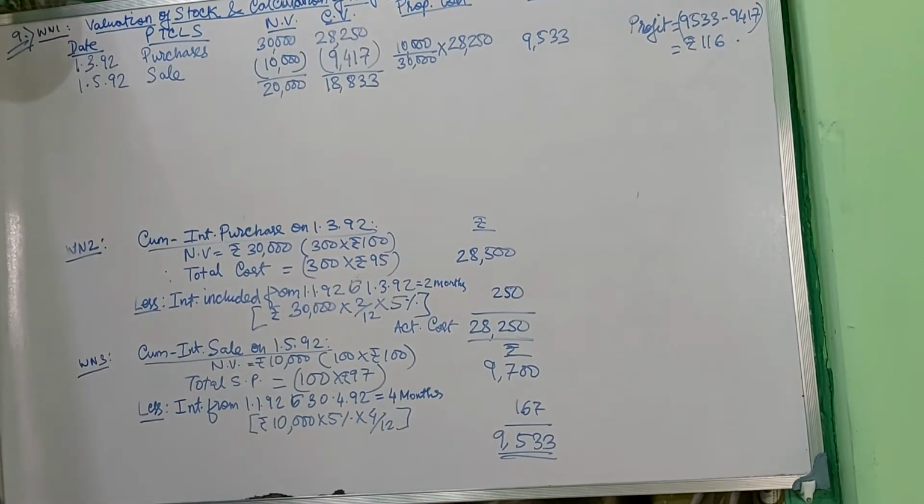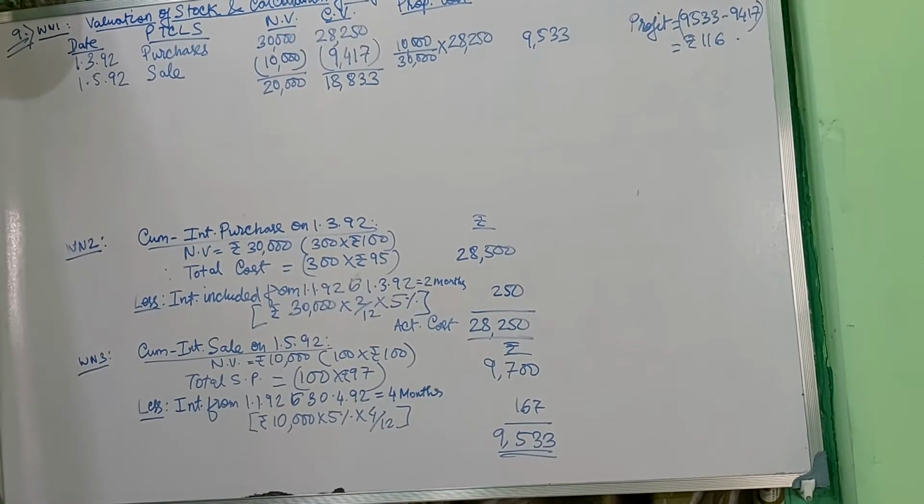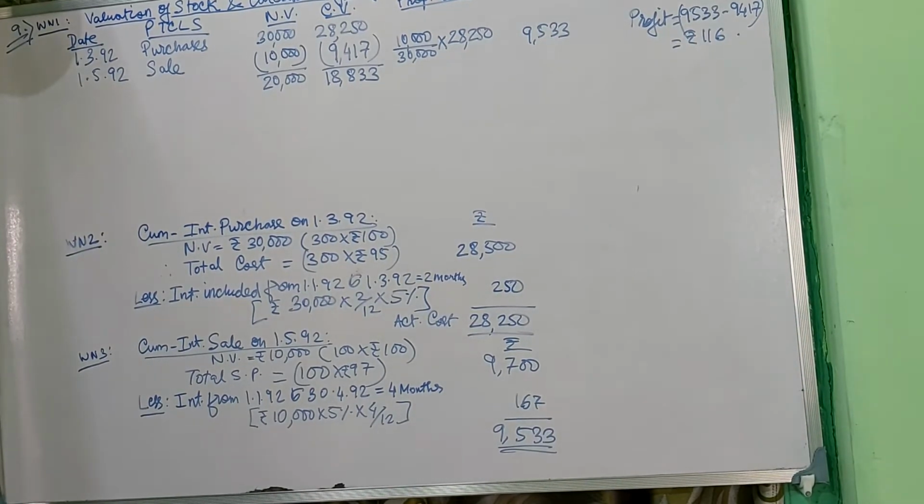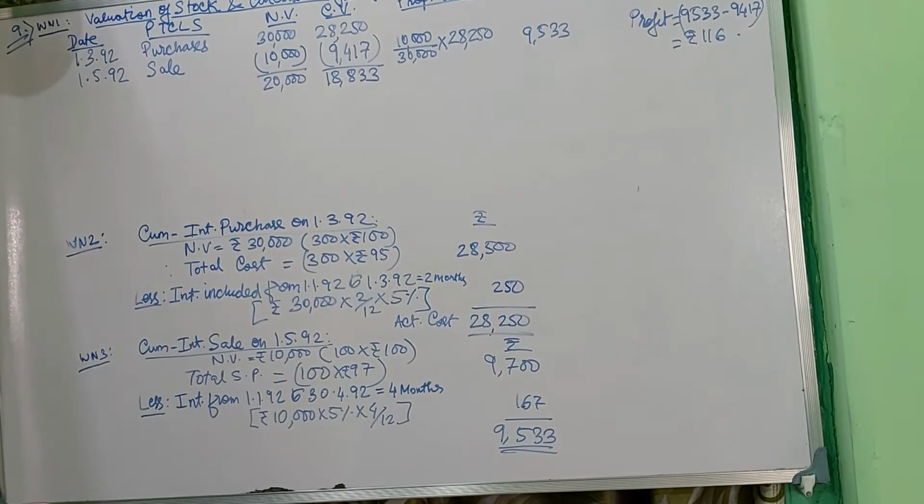Nominal value 10,000 has been given, so the number of stock is 10,000 divided by face value 100, we are getting 100 stock of 100 each. Total selling price is given as 97, so 100 into rupees 97, which is coming 9,700. Again it is cum interest, so interest has to be deducted. How many months?